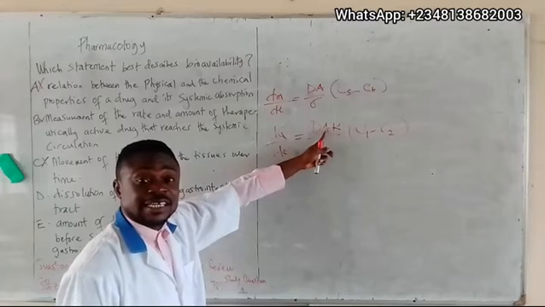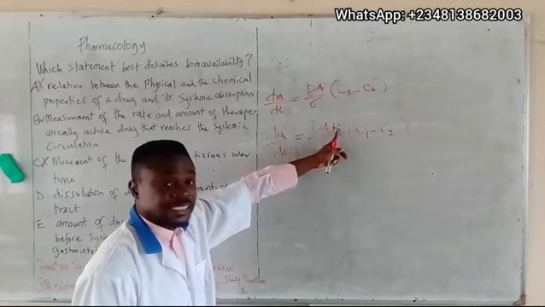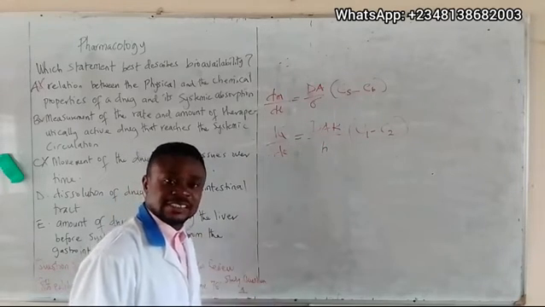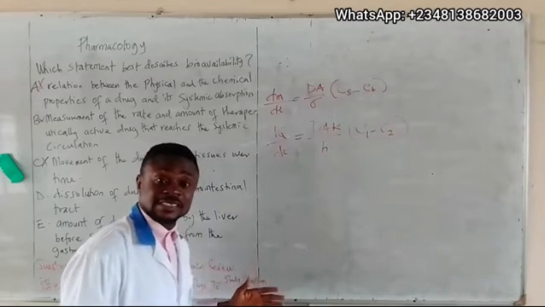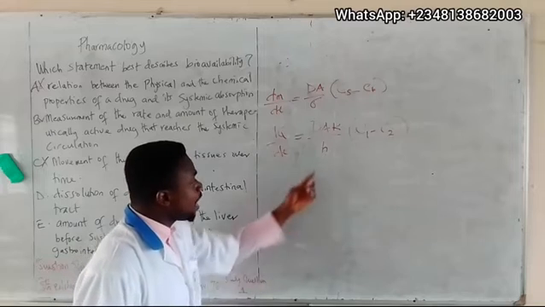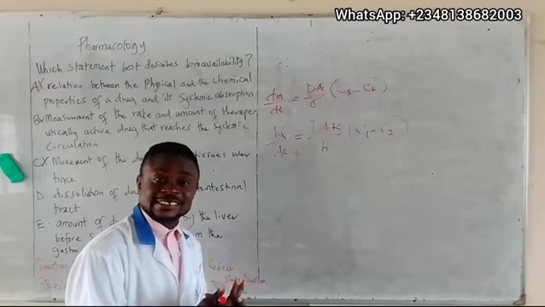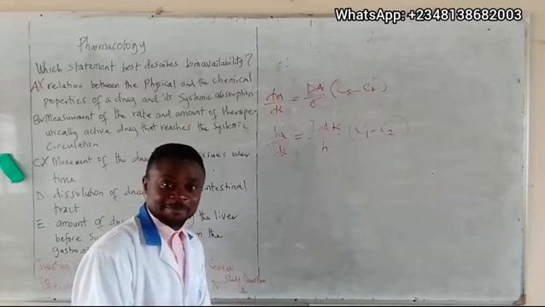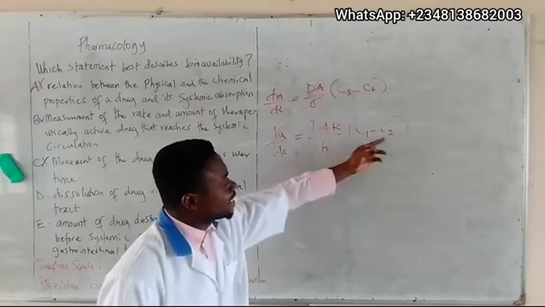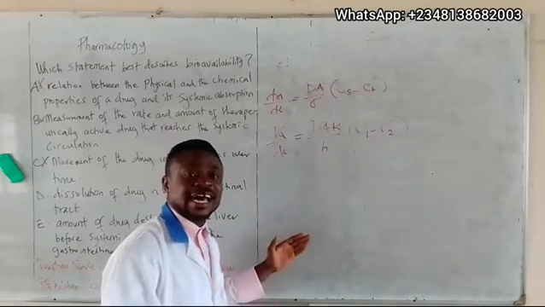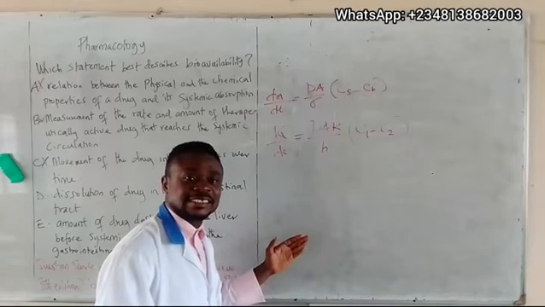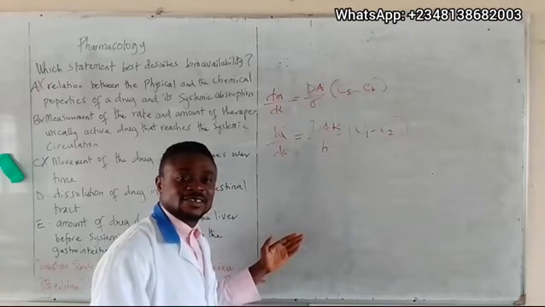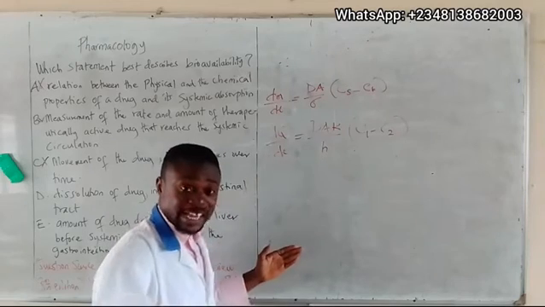This is the surface area. And this is the partition coefficient, the oil to water partition coefficient. H is the thickness of the diffusion layer. This is the concentration on both sides, C1 and C2, from area 1 to area 2.